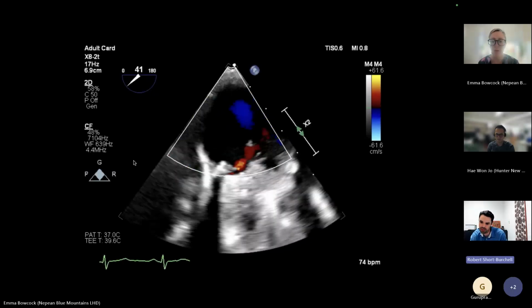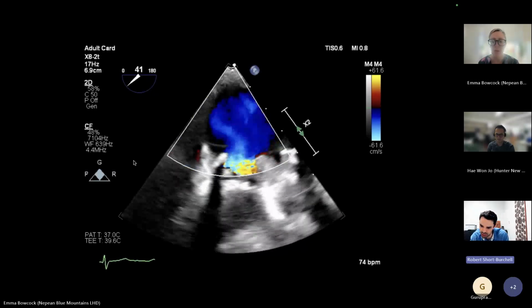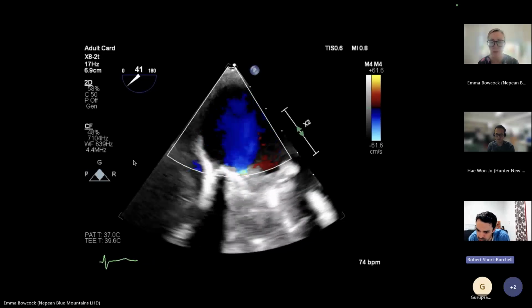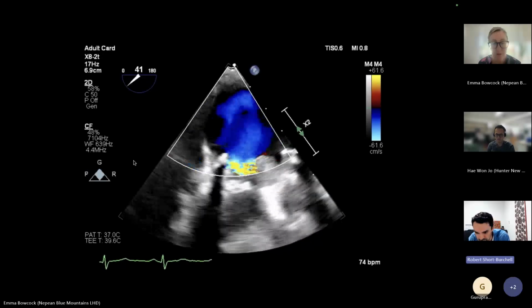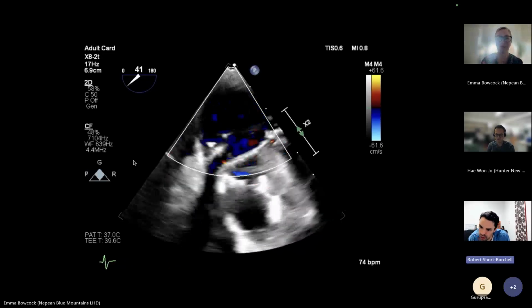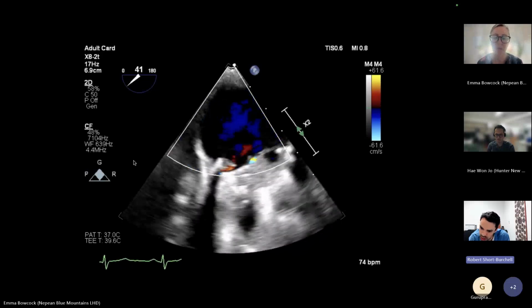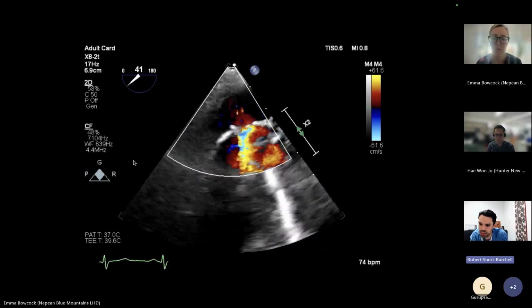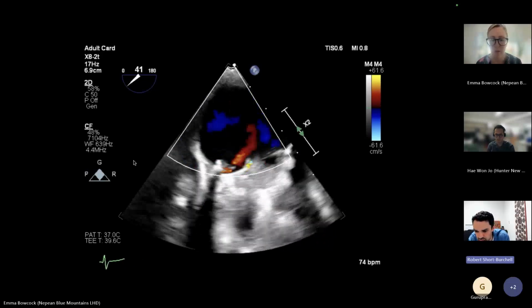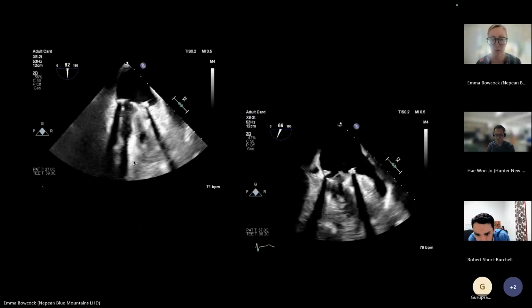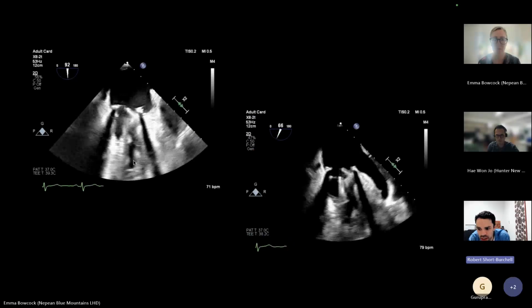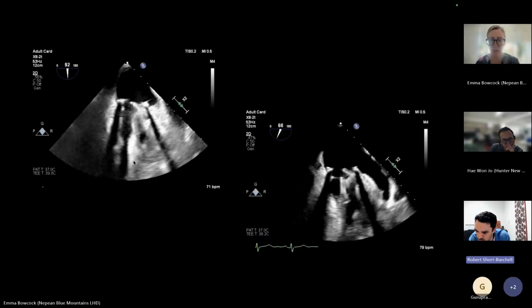So this is at 40 degrees, so just rotated around. We can again see that there's some mitral regurgitation with turbulent flow through the valve in diastole. Yeah, so this picture looks more clear now.